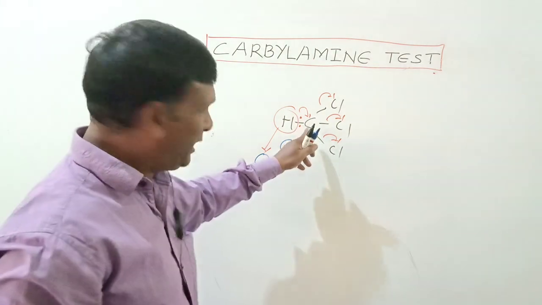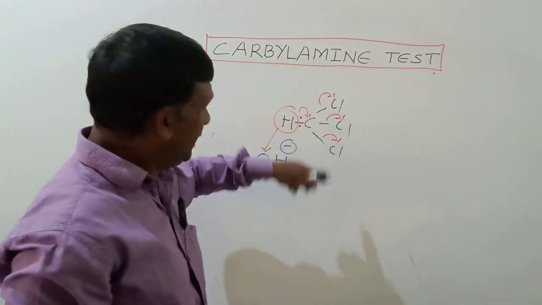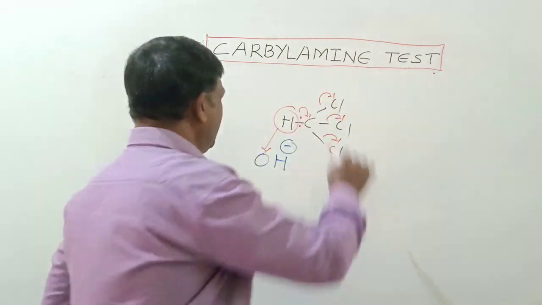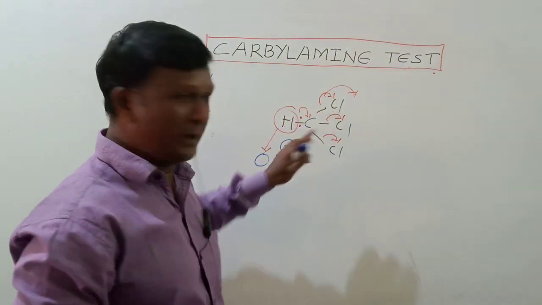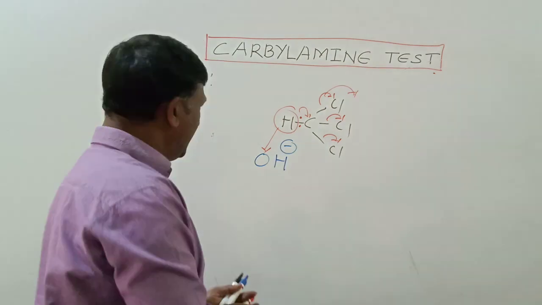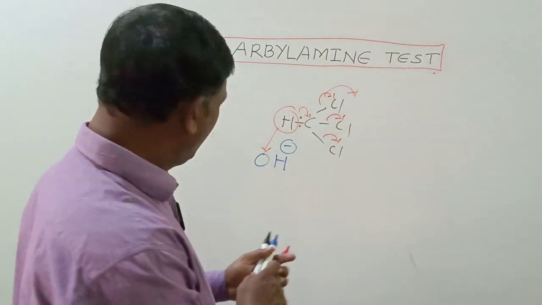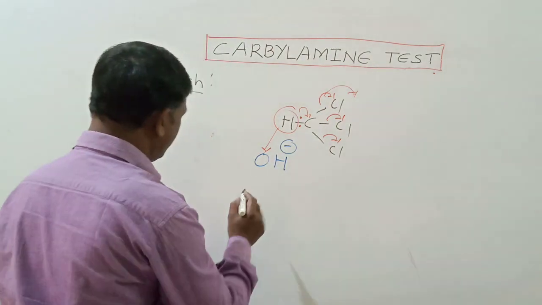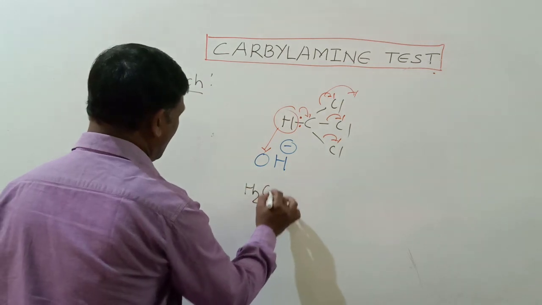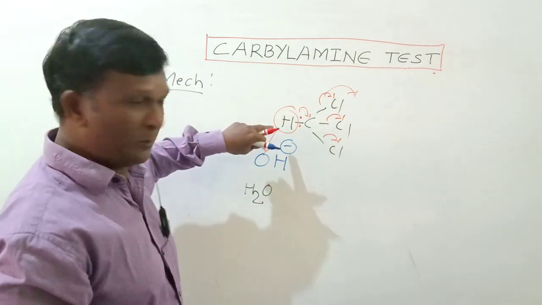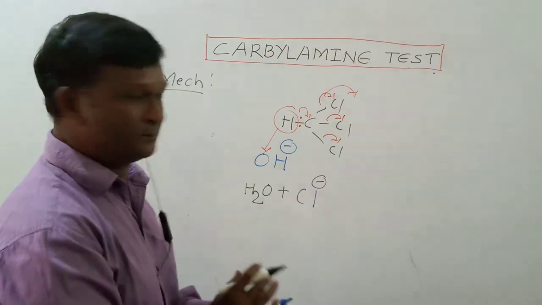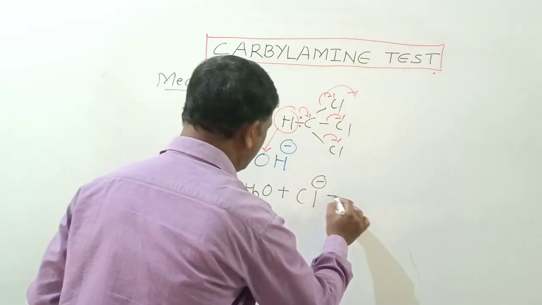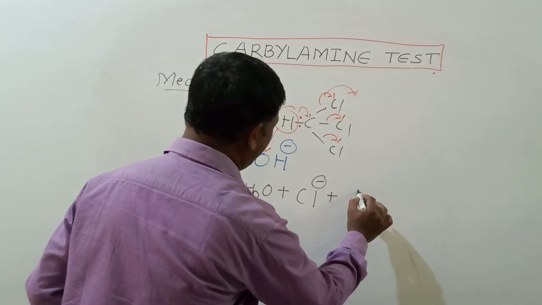When this electron pair is getting shifted to carbon, one of the chlorines along with its electron pair departs from here. So during this we will get formation of water, there is release of a chloride ion, and there is formation of a very important species.